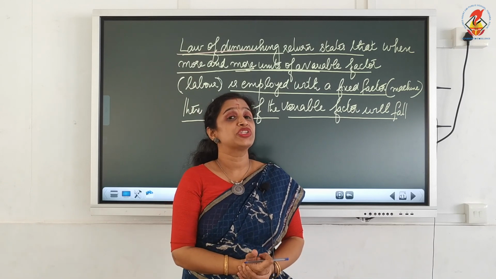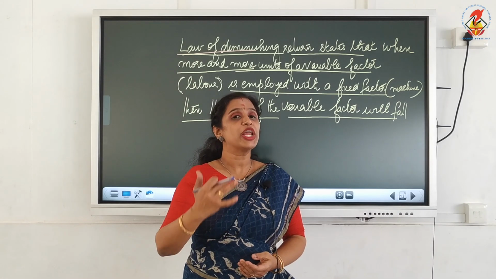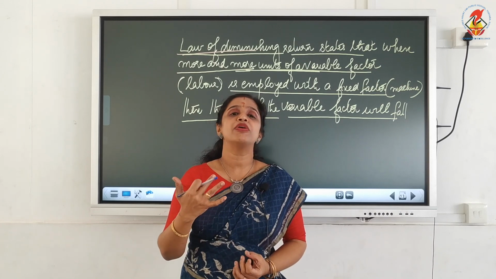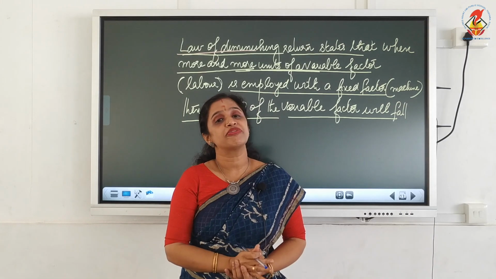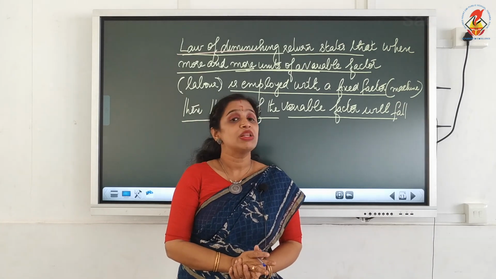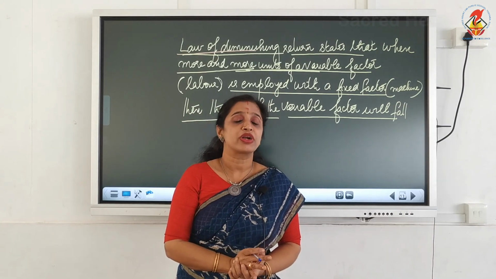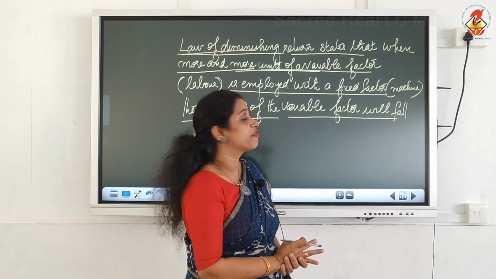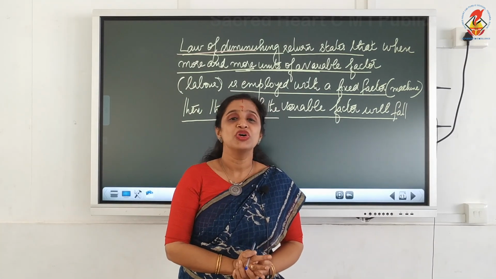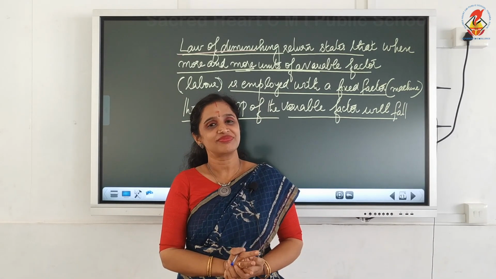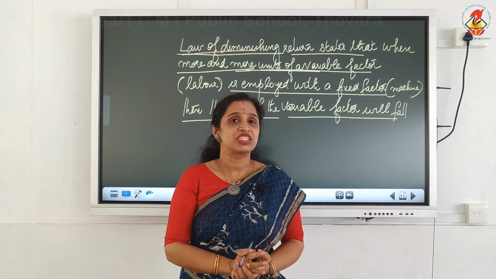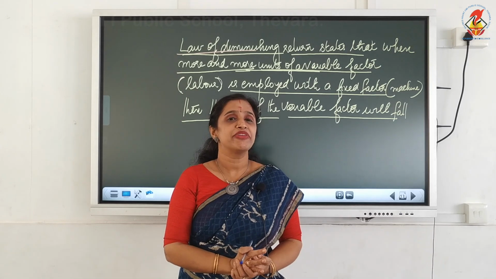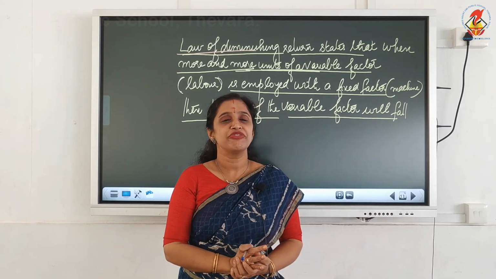What is the law of diminishing returns? When more and more units of a variable factor, labor, are employed with the fixed factor, machine, what will be the result? The marginal productivity of that labor, the variable factor, will fall. What do you mean by that? Now I told you, the target is to increase the production of shirts from 250 to 1500.